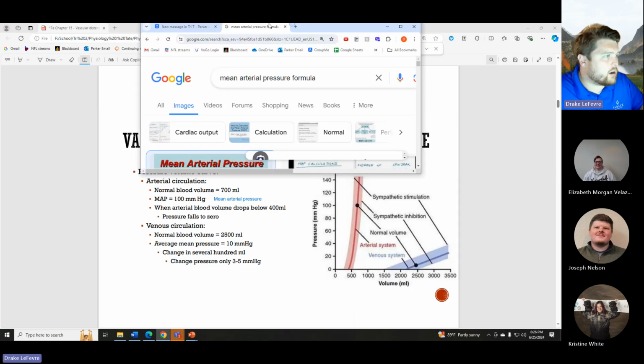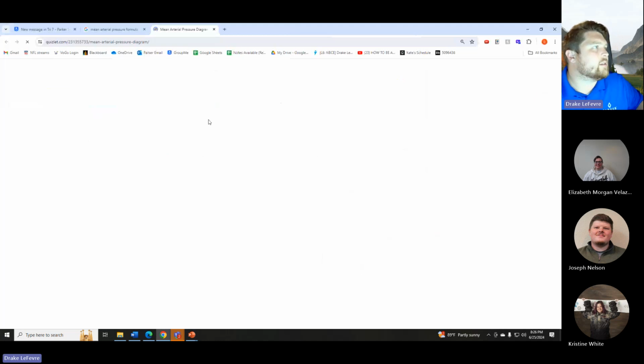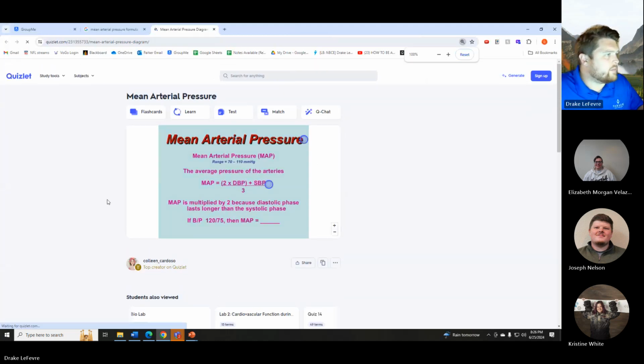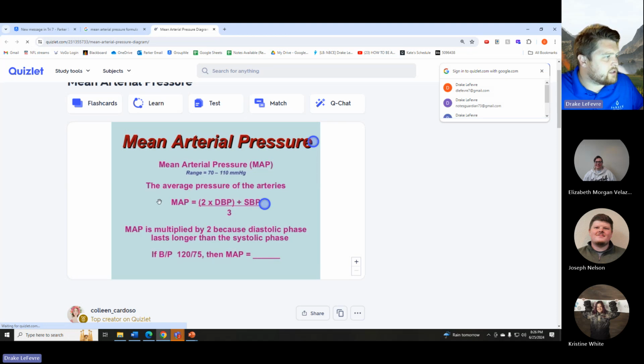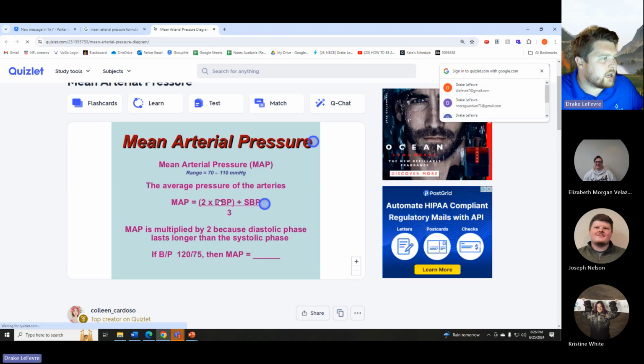So right here, this is our equation. Mean arterial pressure equals 2 times diastolic blood pressure plus systolic blood pressure, divided by 3. And this is because the diastolic phase lasts longer than the systolic phase.